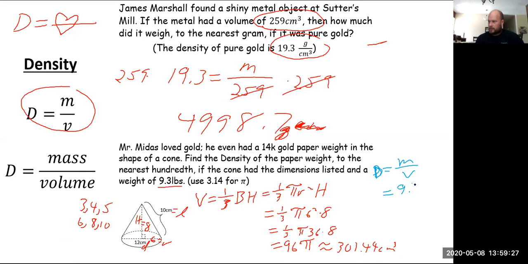So 9.3 over 301.44. So we have 9.3 divided by 301.44, and we get... wait.